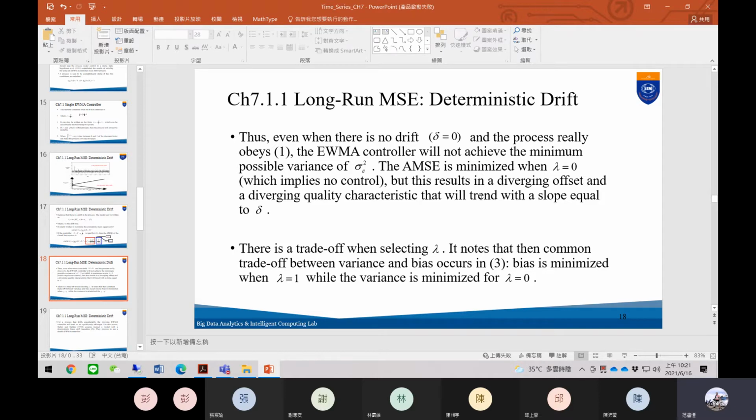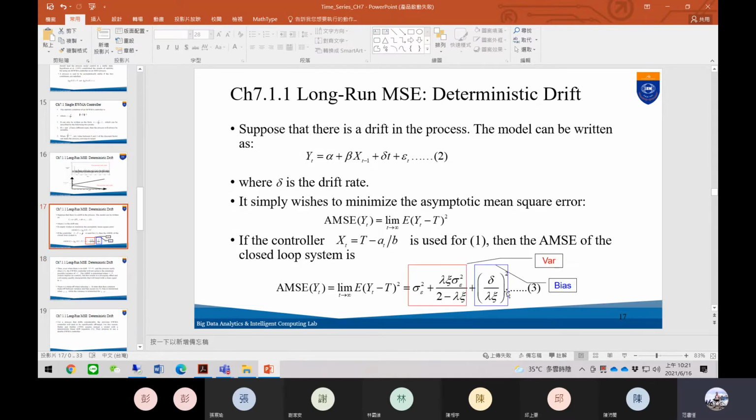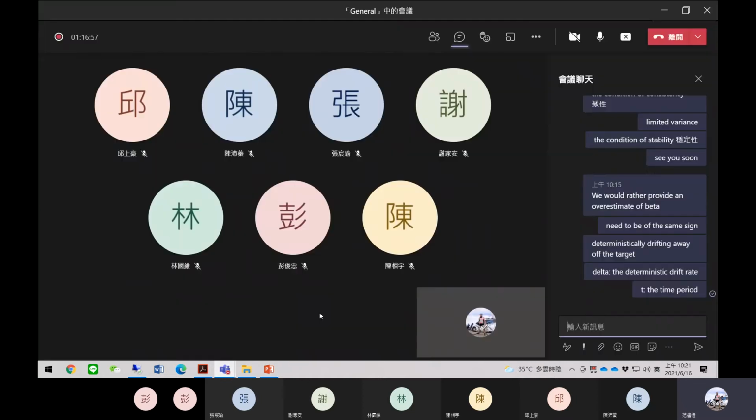But this results in a divergent offset and divergent quality characteristic that will trend with a slope equal to delta. So sometimes it doesn't really help to minimize the delta t. In such a case, the EWMA needs to compensate for the deterministic drift, called the double.